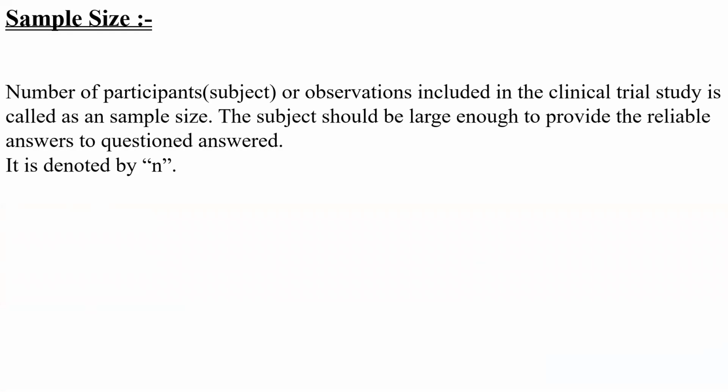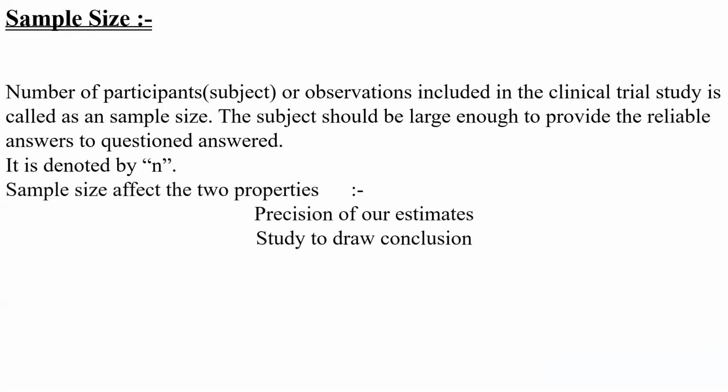It should be large enough to give proper and reliable answers to the questions that arise after the clinical trial, and it is denoted by n. Two properties affect the sample size: precision and the study power to draw the conclusion.